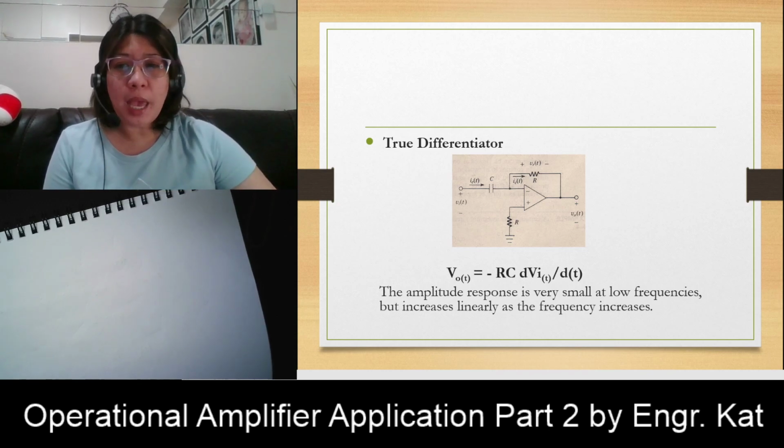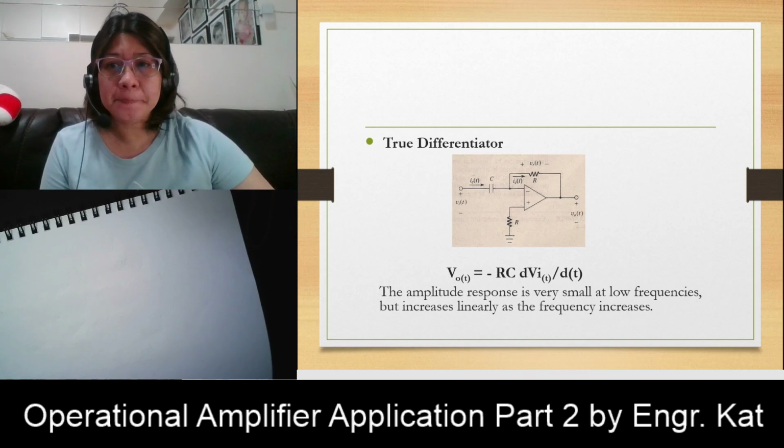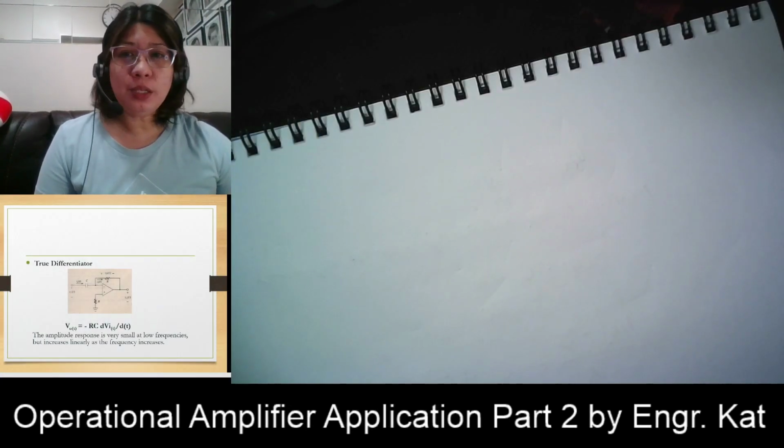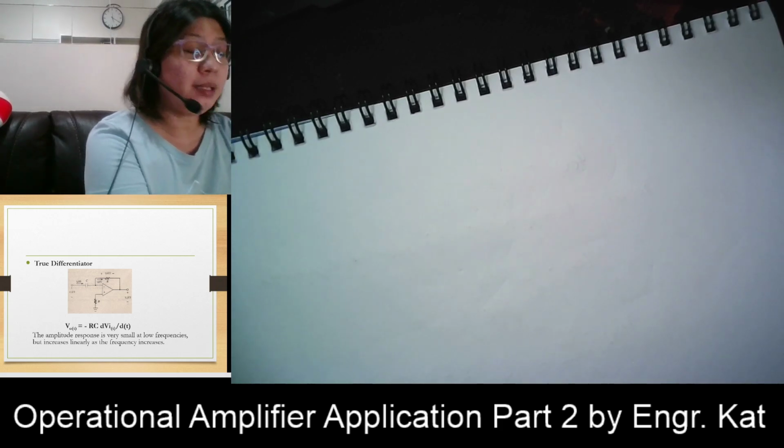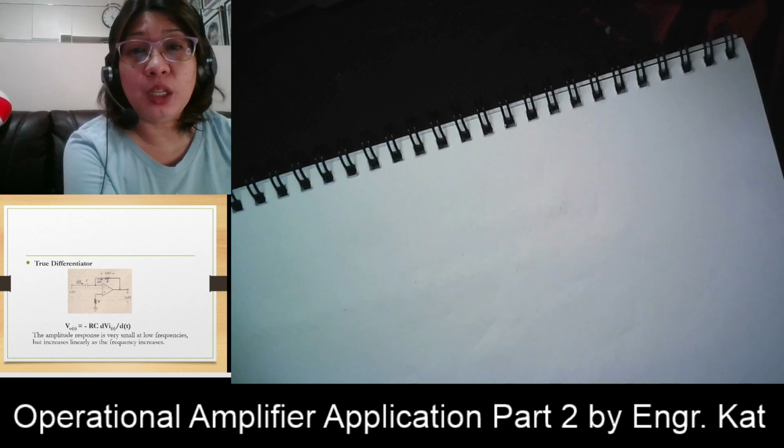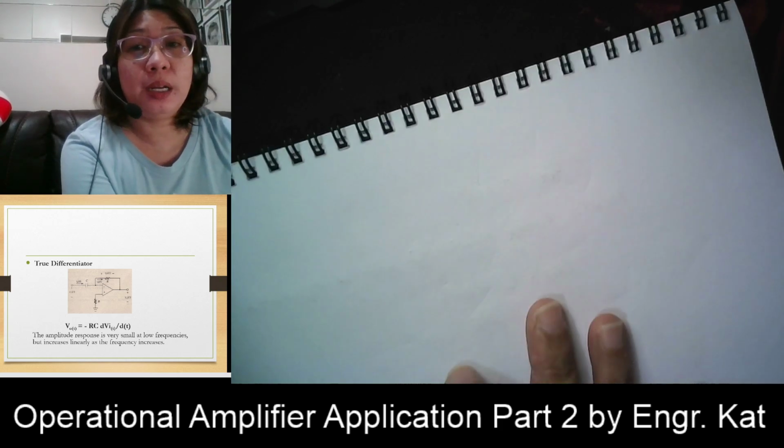Okay, so we have here again, from the circuit, your ICT is the same current that will pass through your resistor.